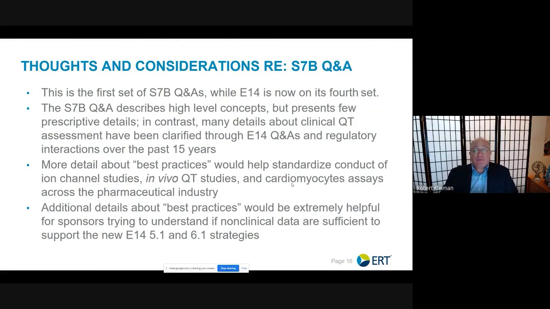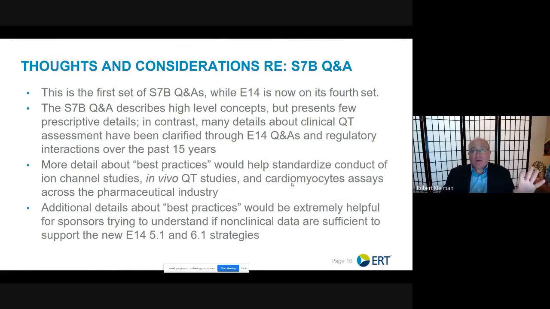I think the more detail about the best practices will be useful for two purposes. First, to better standardize how these trials are conducted throughout the industry. And second, and this is one that's close to me, we need to understand these best practices so that sponsors can go and look at their non-clinical data in detail and really understand if it's going to be of acceptable quality to be used to support the E14, 5.1, and 6.1 strategies.